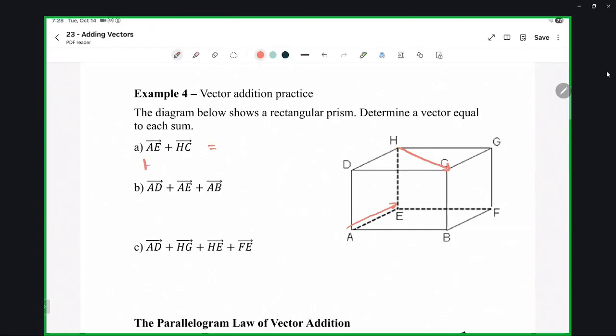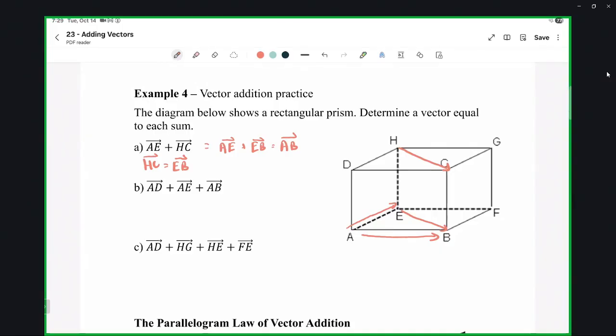So note that vector HC is equal to vector EB. And so we can rewrite vector AE plus HC as being vector AE plus vector EB. And you can see then the resulting vector will be vector just AB. And again, we saw we have a vector that ends at E and begins at E. So we know that the resulting vector would be just the start of the first and the end of the last.